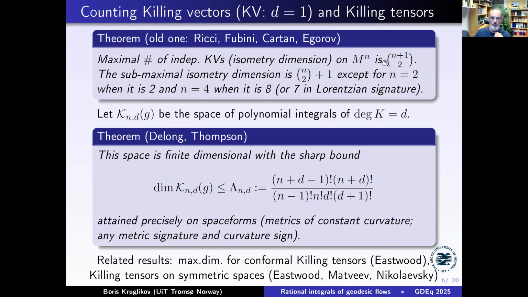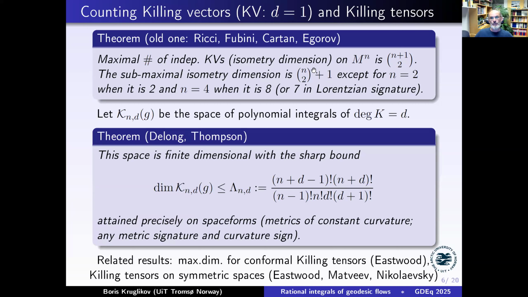And then there's a gap, and there's nothing in between, no isometry dimension possible until n choose 2 plus 1. So below this number and above this number, it's not possible to have a metric with this isometry dimension.